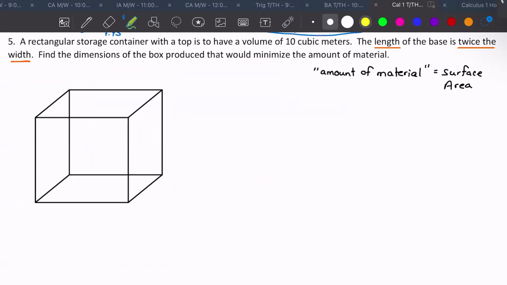Find the dimensions of the box produced that would minimize the amount of material. Okay, that would minimize the amount of material. So anytime that you hear amount of material, that means that you're going to look for the surface area. So we want to find the minimum surface area.